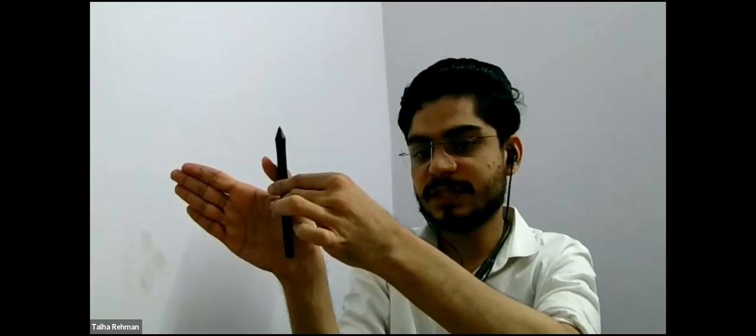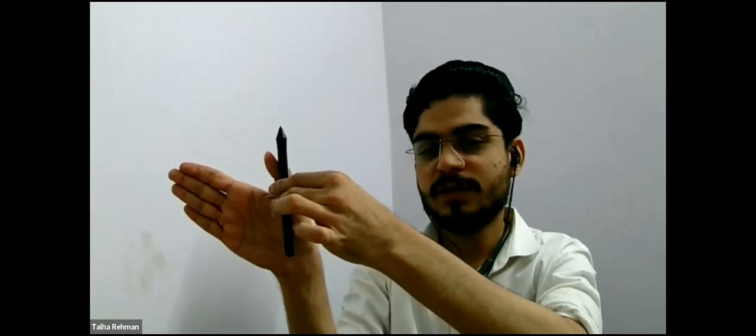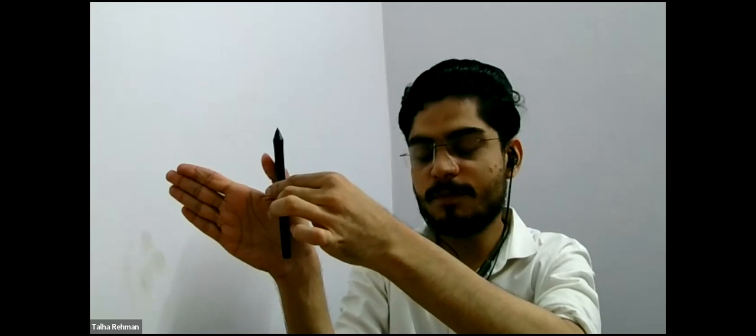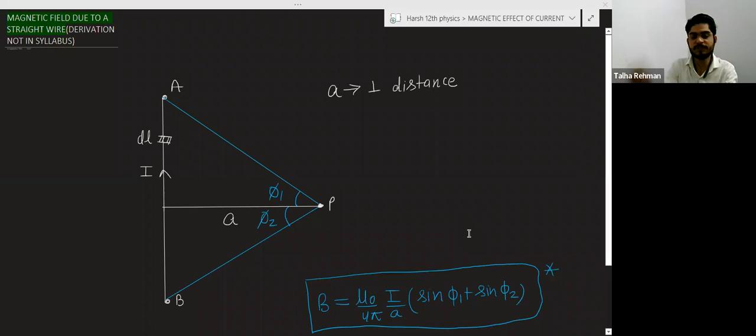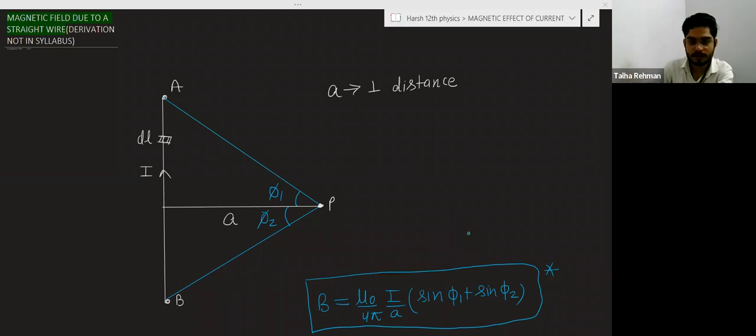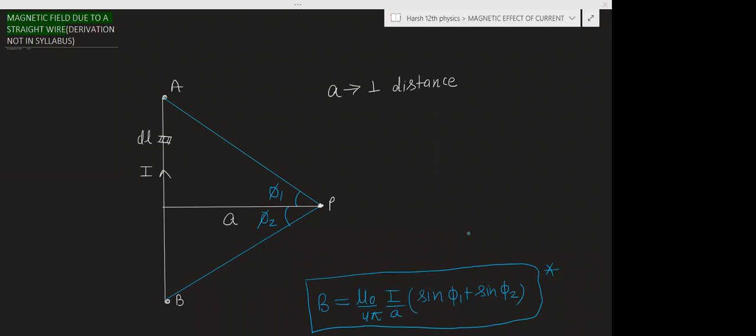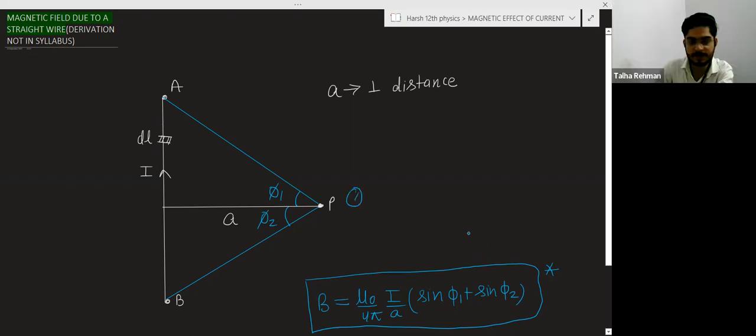And we will point these fingers along the direction of the point. Then it will be like this, going away from me. Away from me means going into the screen, means negative z axis. So the direction will be inwards. The direction of magnetic field will be inwards, represented by this cross.